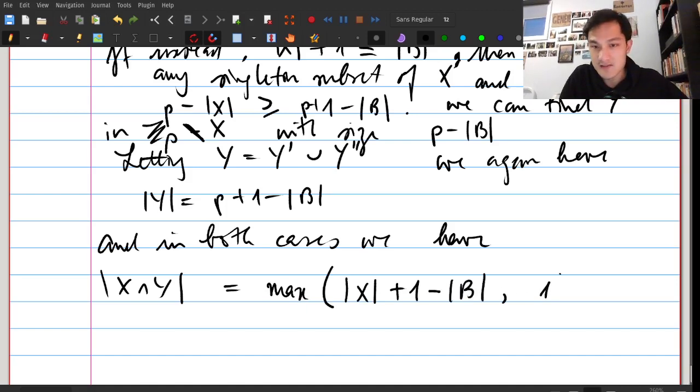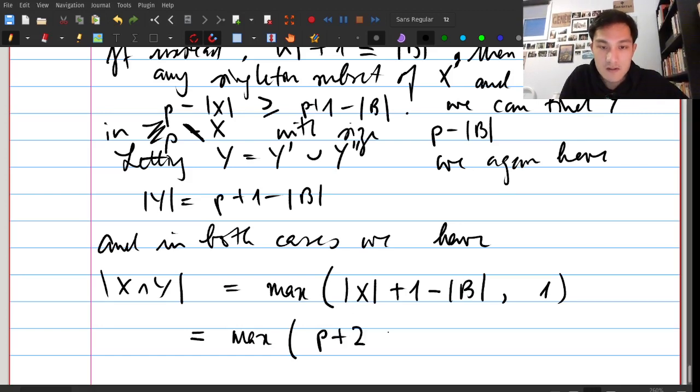And in the second case, it's just 1, like a singleton subset, right? The intersection is y prime in both cases. So that's what we're counting here. And we can rewrite this. Since x is p plus 1 minus size of a, it's p plus 2 minus size of a minus b.